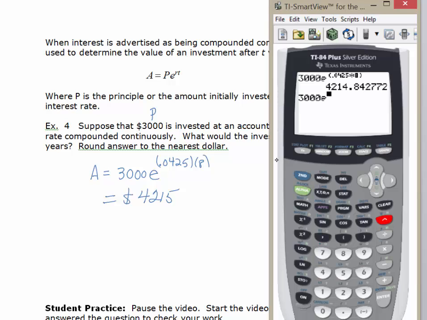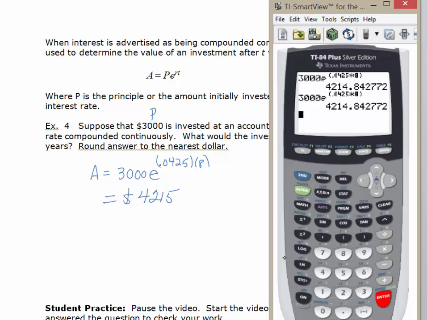So in this case we then have to hit the caret key, and then type in open parentheses 0.0425 times 8 and close them, hit enter, and you can see you get the same exact thing. So you have two options on the e key. If you use the one that's above the division symbol, you have to use the caret key to raise the exponent. If you use the one that is above the ln button, then it automatically raises it.